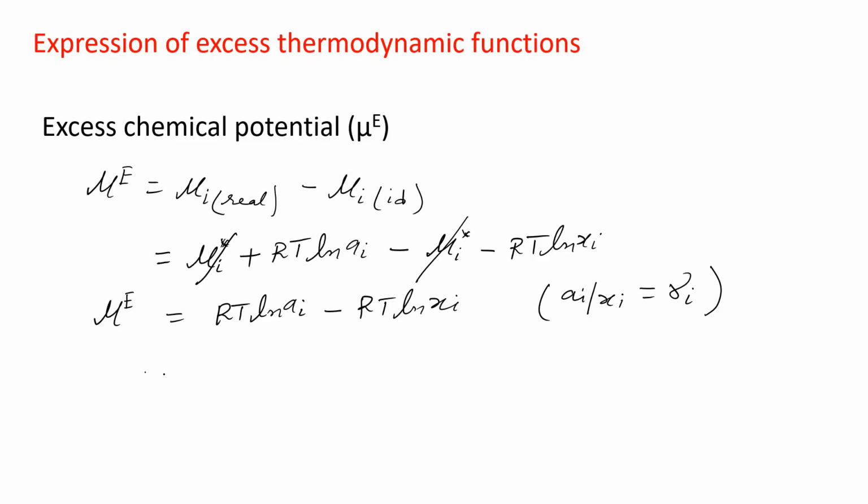So we can write mu E is equal to RT ln (a_i / x_i). So this is RT ln gamma i.